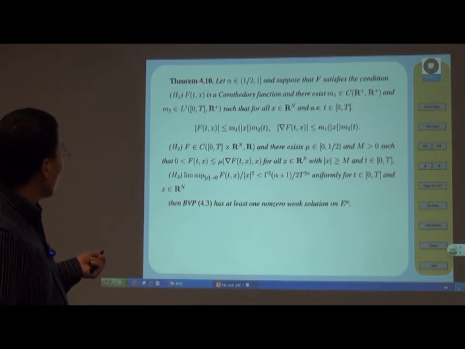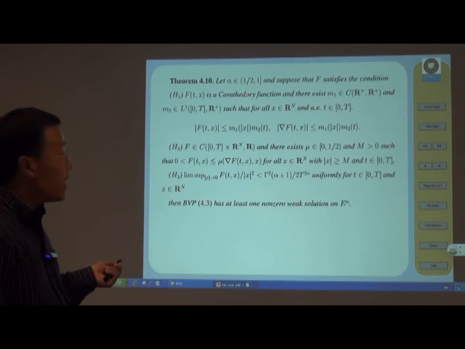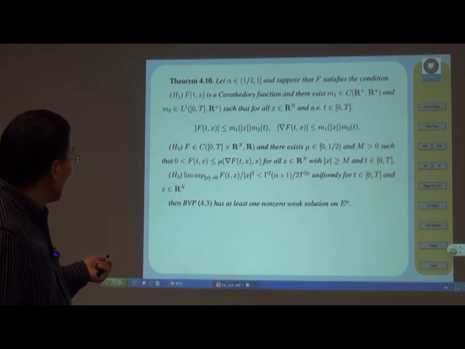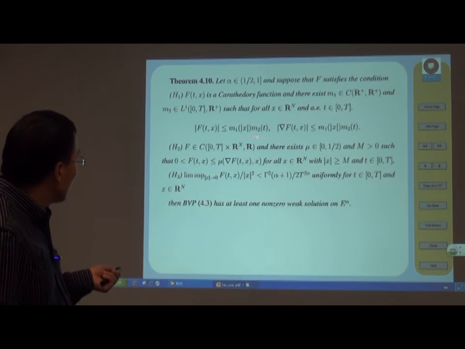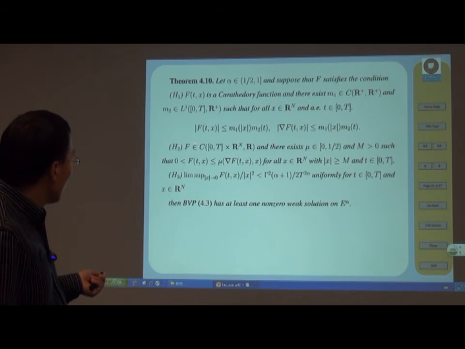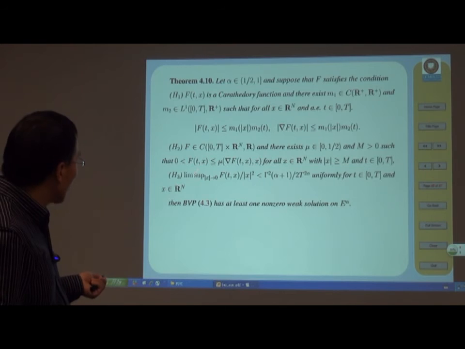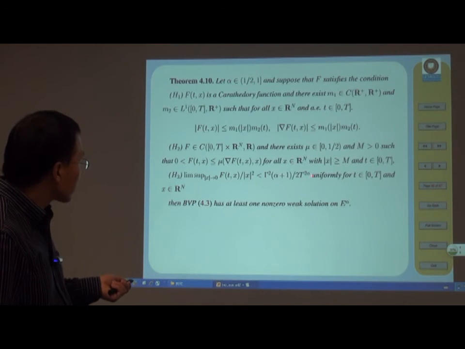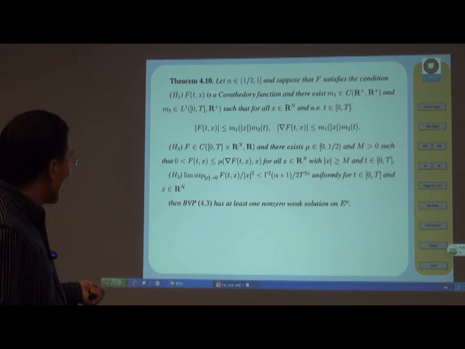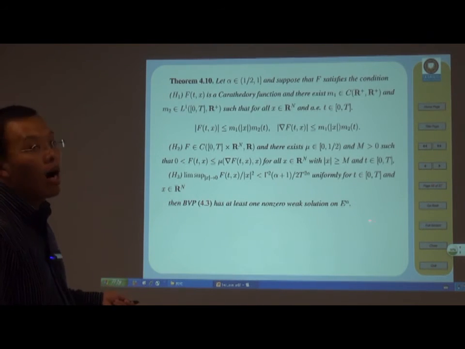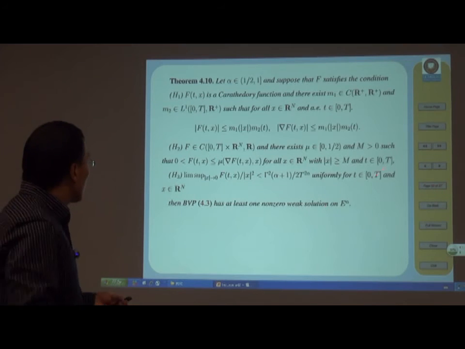Then theorem 4.10: if f satisfies the conditions H1, H2, and H3, then the boundary value problem has at least one non-zero weak solution on E alpha.